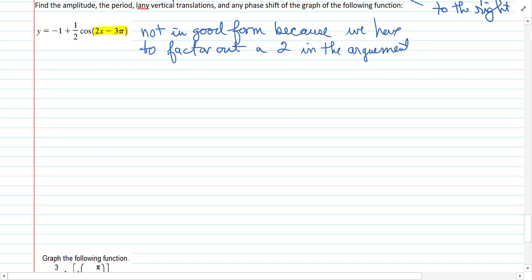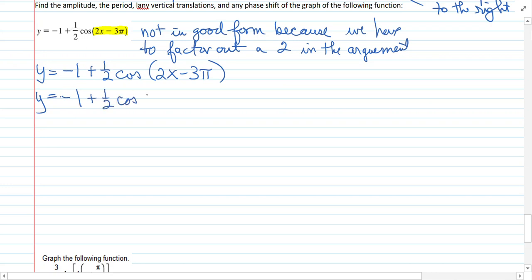All right, so let's do that first. Y equals a negative 1 plus the 1/2 cosine of 2x minus 3 pi. All right, so I'm going to have y equals a negative 1 plus that 1/2 cosine. I'm going to put my bracket. I'm going to put the 2 out, so it gives me x minus 3 pi halves. All right, now it's in good form.